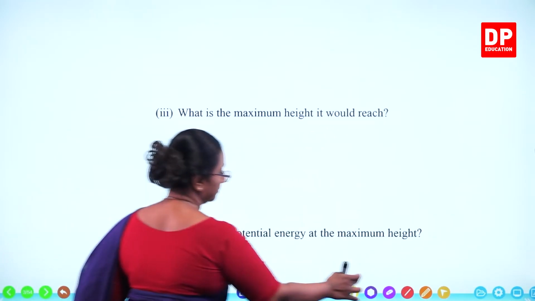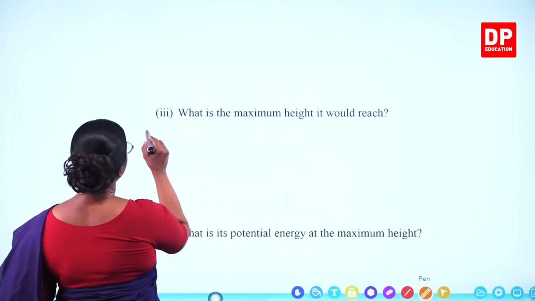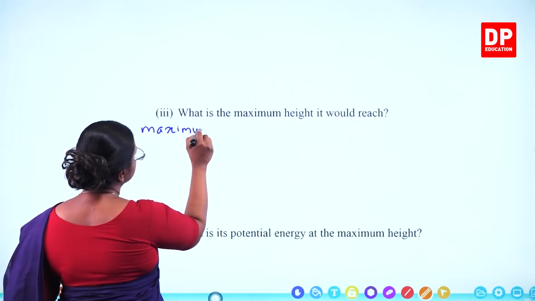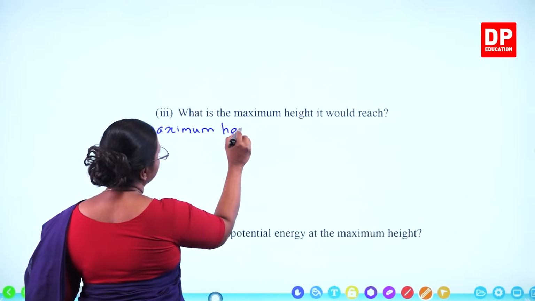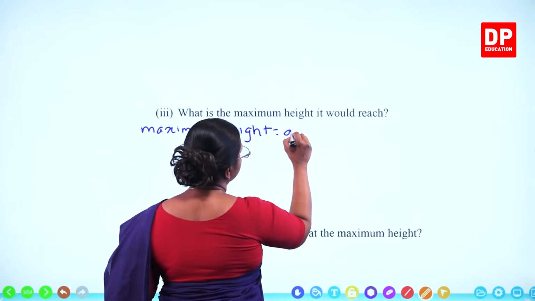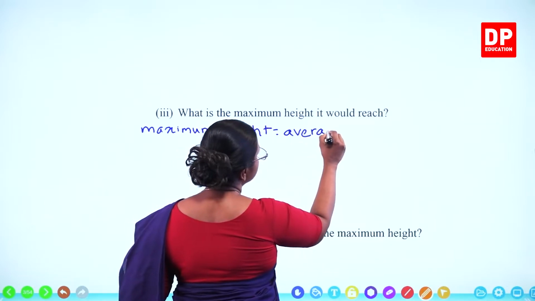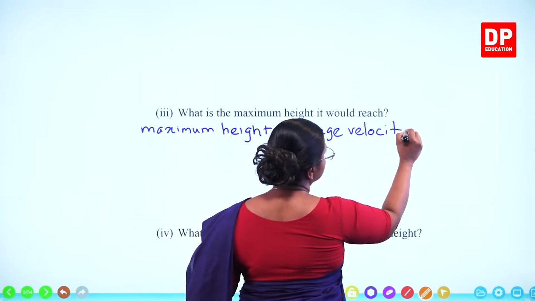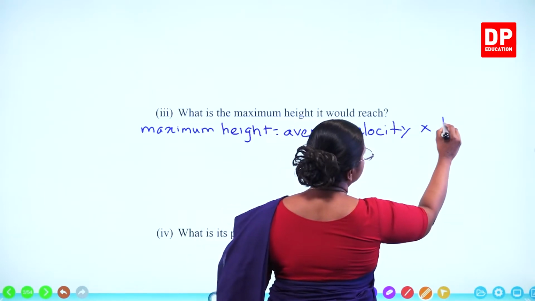So there, if we write it, maximum height is equal to average velocity into time.